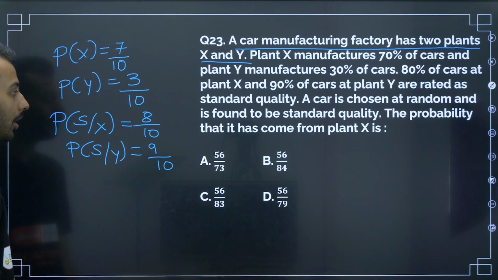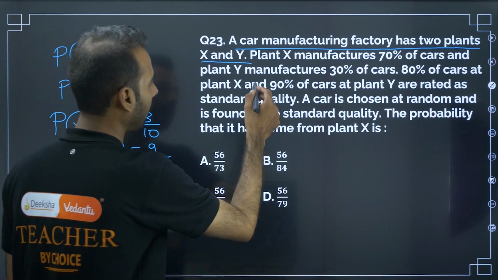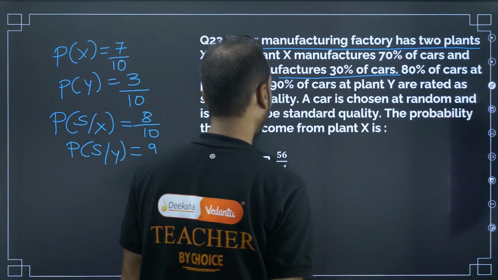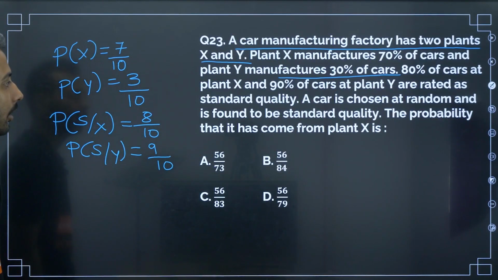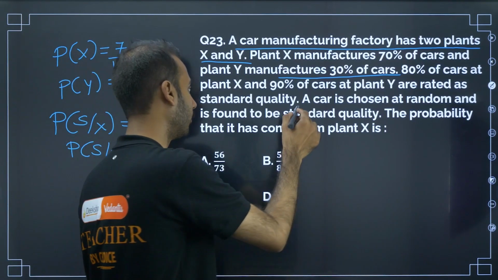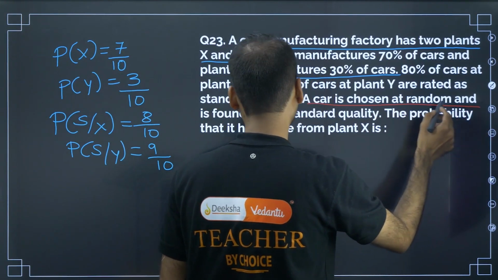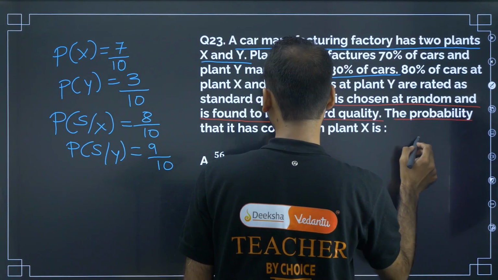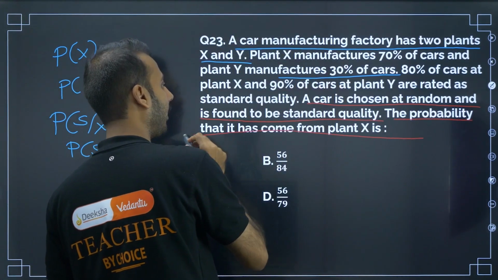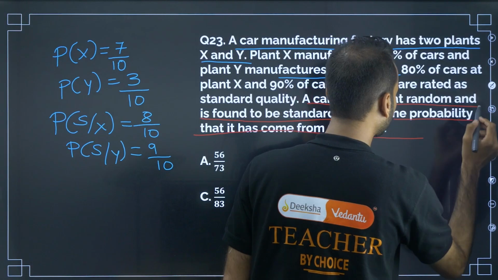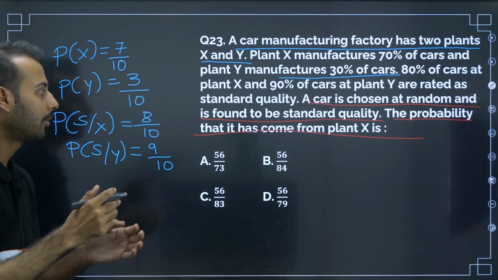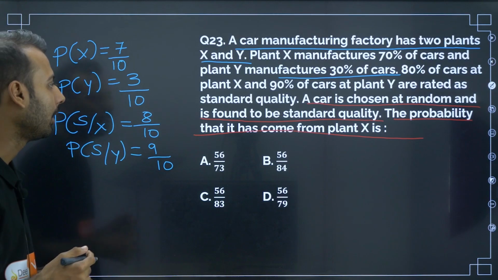A car is chosen at random. So from the given data, I am writing all this. Now what random experiment are they doing? One car they have chosen at random and it is found to be standard quality.